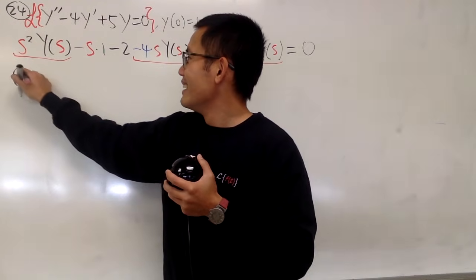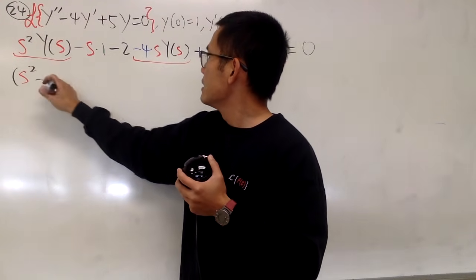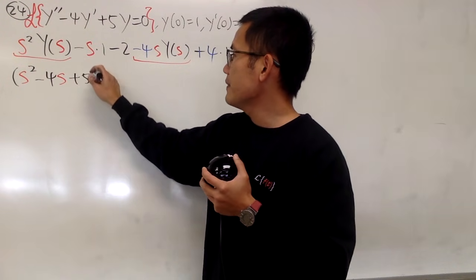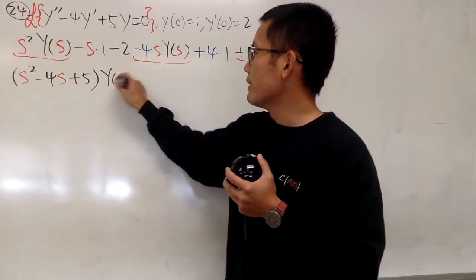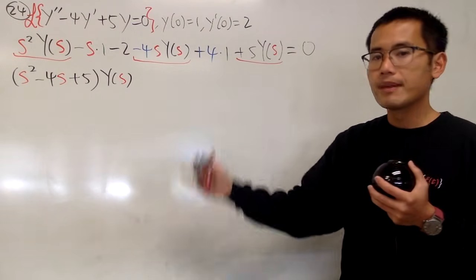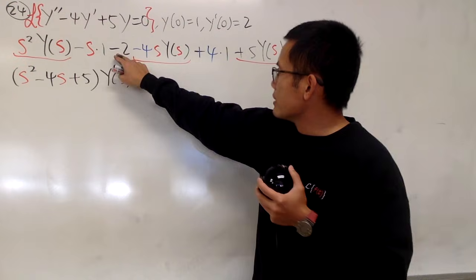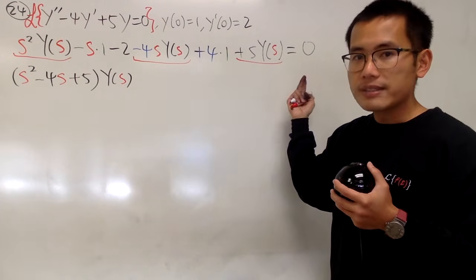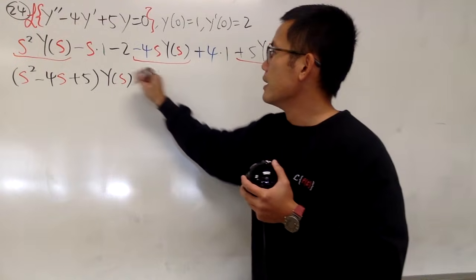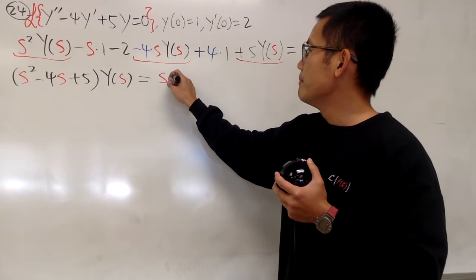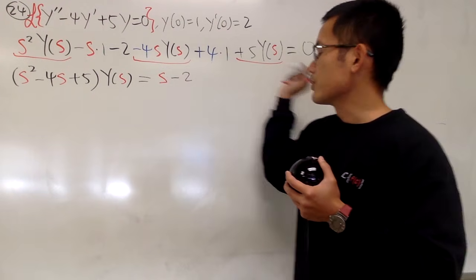Anyway, s squared minus 4s plus 5, times Y of s, after we factor all that. Now this is minus 2, this is 4, so it's 2. Bring that to the other side, becomes negative 2. Negative s, here it's actually positive s, and then minus 2. So do that in your head.